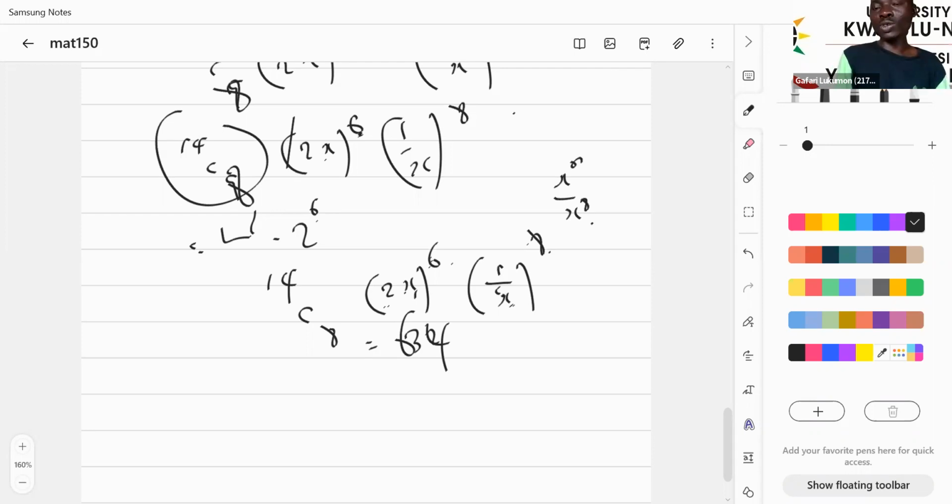So what are you going to do to ensure we have s raised by 6 at the end of the day? If you have s raised by 14 here, but this one cannot be s raised by 8, guys, what do you think we can do?